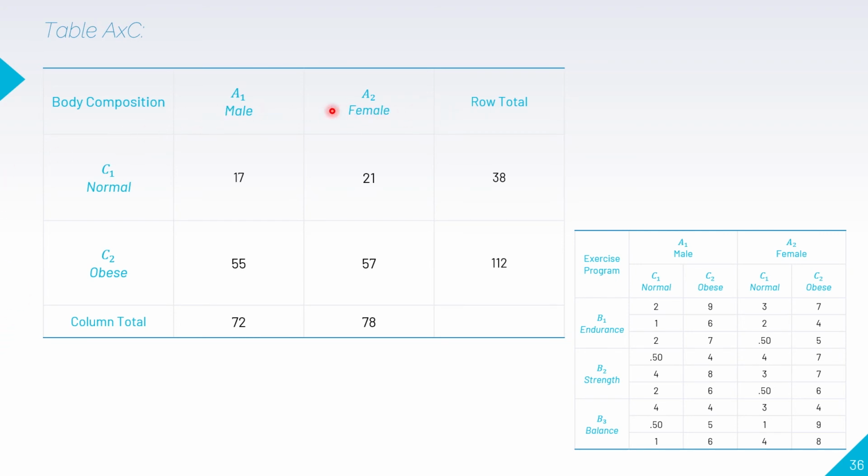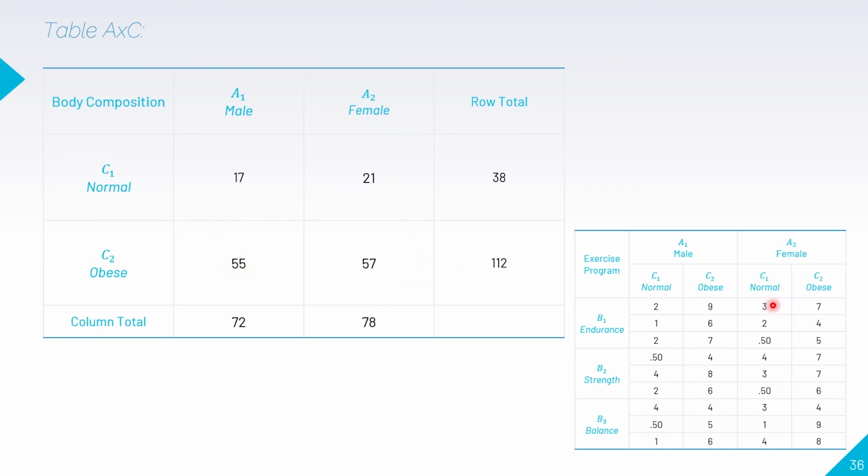Next, our A by C. This is our A, the gender, male and female, and our C, the body composition, normal and obese. In order to find this value, we just need to add this whole column, in normal male. In obese male, we have this 55.